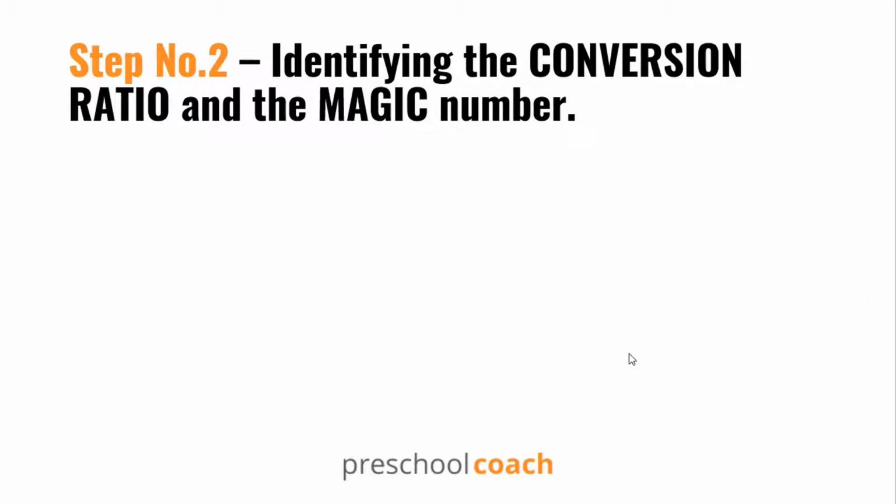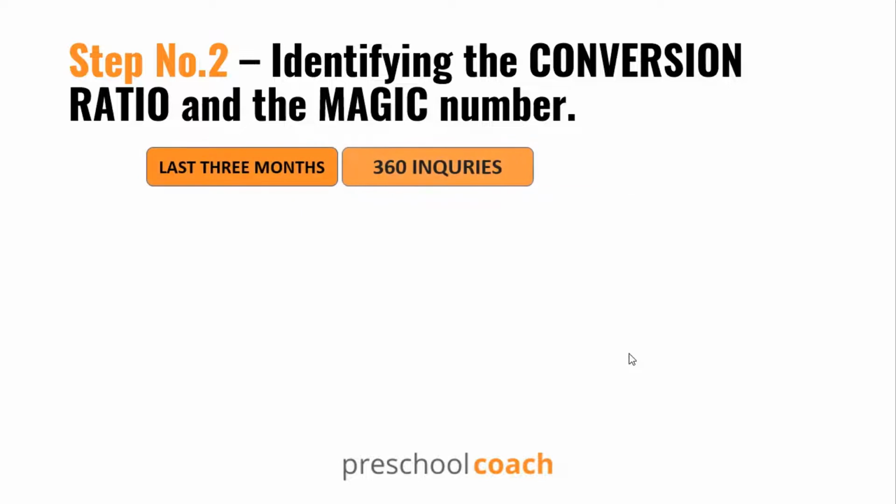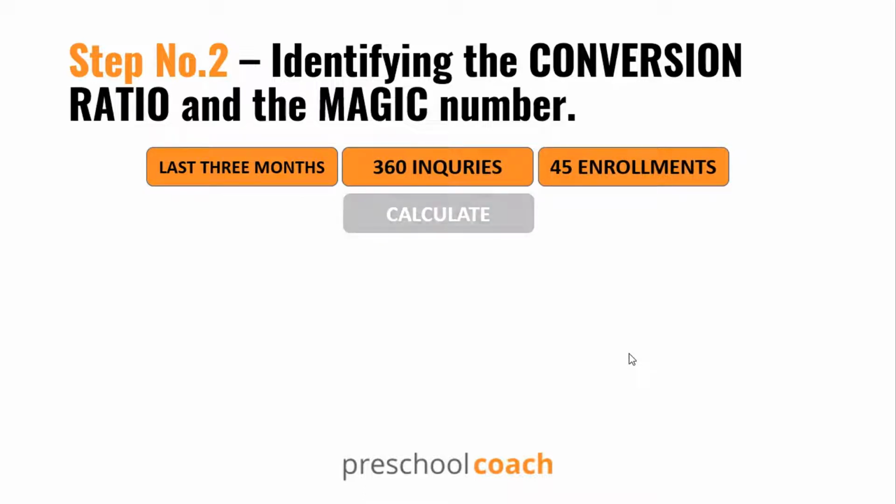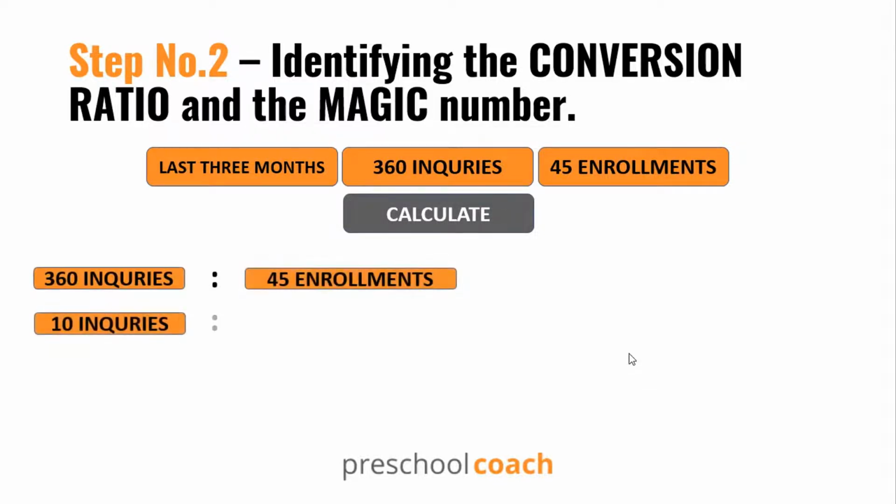Let's look at another example with a bigger number. Let's assume you have generated 360 inquiries in the last 3 months, out of which you've got 45 enrollments or admissions. Now let's do a simple calculation again. If you are able to get 45 enrollments out of 360 inquiries, then how many enrollments will you get from 10 inquiries?